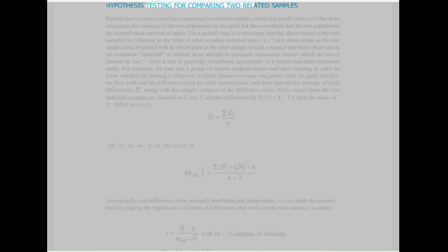Hypothesis testing for comparing two related samples. Paired t-test is a way to test for comparing two related samples involving small values of n that does not require the variances of the two populations to be equal, but the assumption that the two populations are normal must continue to apply.